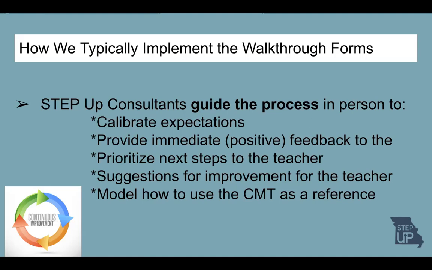And how do I anchor that back to either the curriculum management tool and pacing or the map book? How can I help that teacher use their map book more efficiently? And that provides the continuous improvement cycle. Once you've given the teacher some suggestions using the map book, then we look for opportunities to get right back in that classroom and see those things being implemented with success.